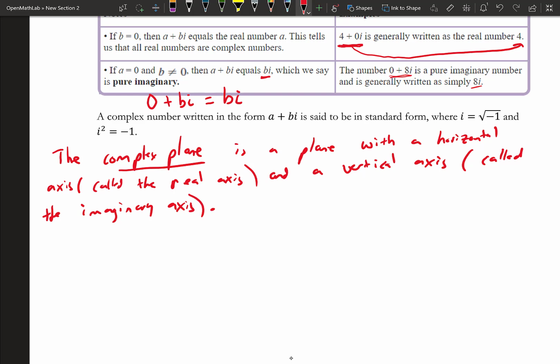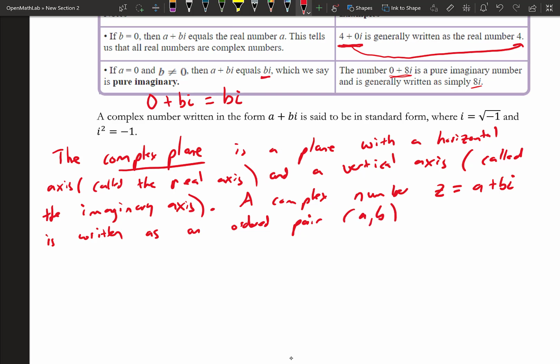A complex number z equals a plus bi is written as an ordered pair (a, b), and can then be graphed as such in the complex plane.